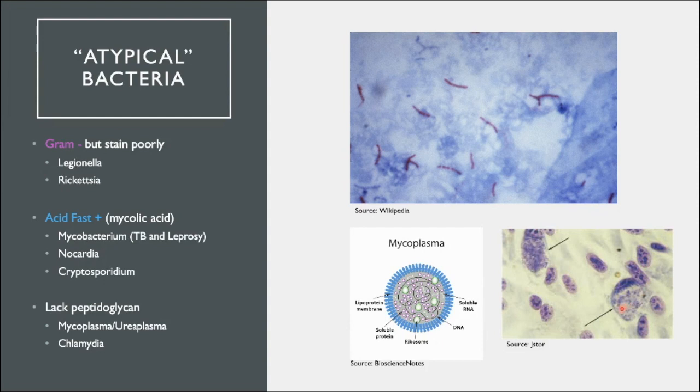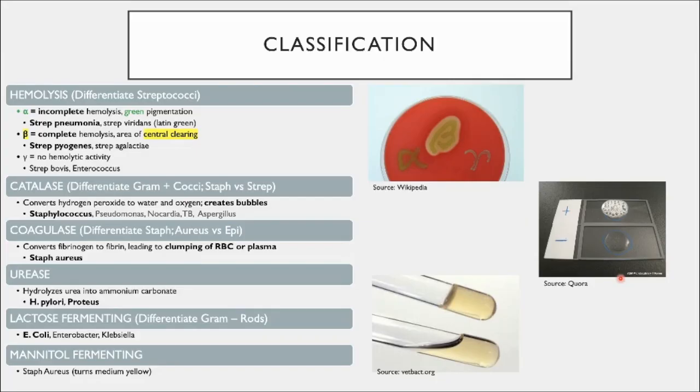So you're not going to see them on a gram stain. And so when we use the term atypical, this is what we're referring to, something that doesn't necessarily have a cell wall. Okay, there's a lot of things that go into classifying bacteria, and this list is not exhaustive. I really wanted to try to hone in on what is important to know.